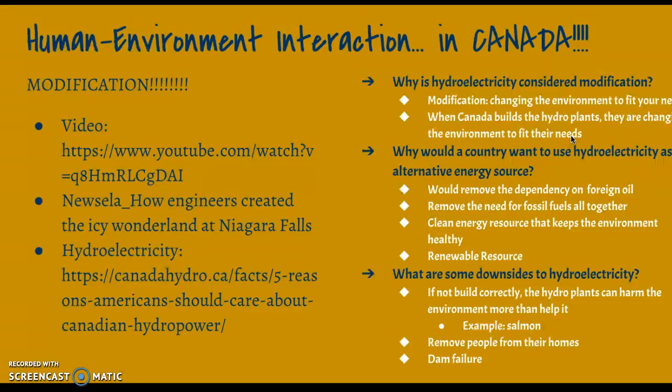If dam failure happens, it can flood the entire area, killing people and destroying more of the habitat. So we're seeing that as we problem solve, we sometimes create other problems. So we have created the fish ladders that help with the fish migration up and down the streams.